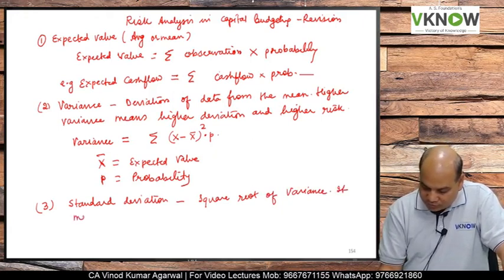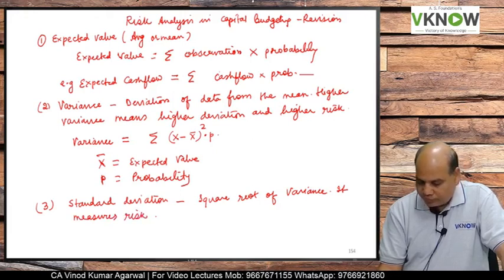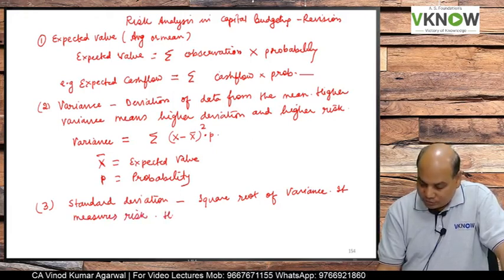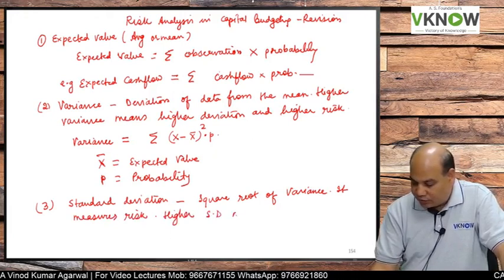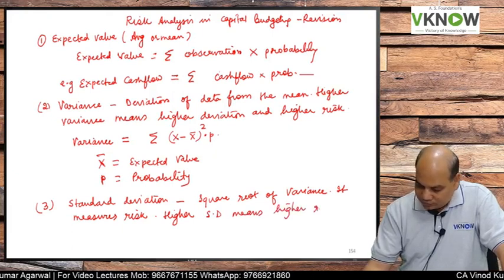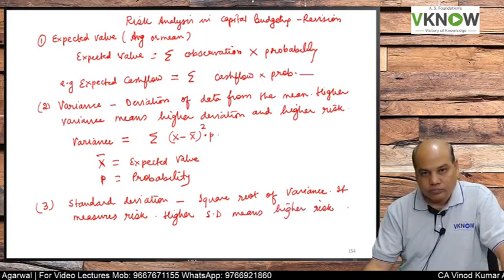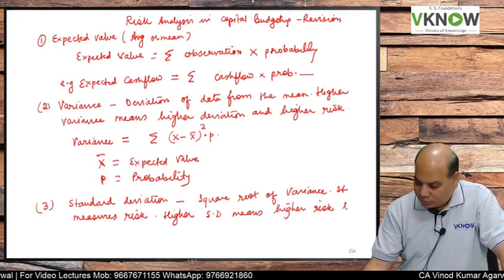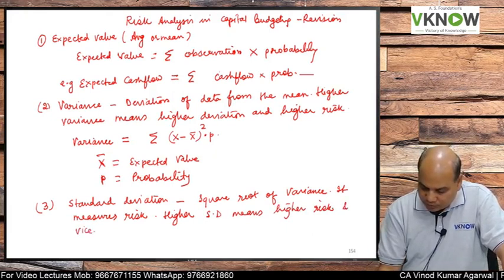It measures risk. Okay, it is a measurement of risk. Higher standard deviation means higher risk, and lower standard deviation means lower risk, and vice versa.